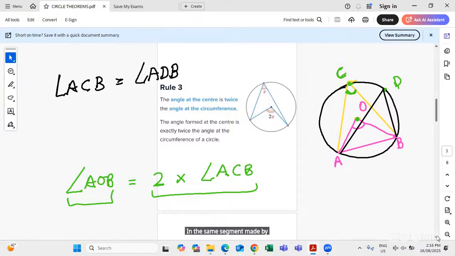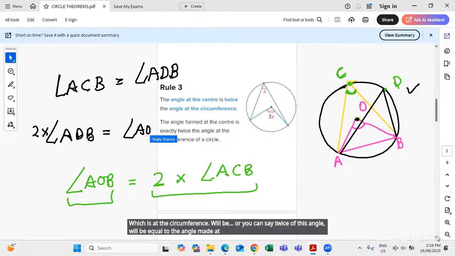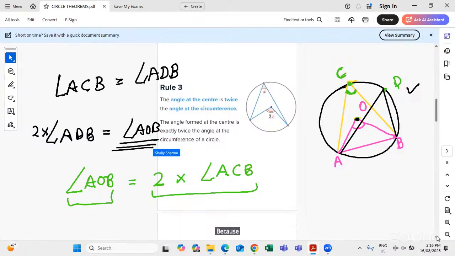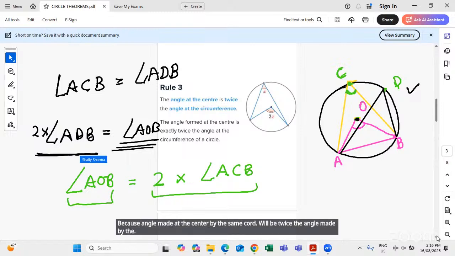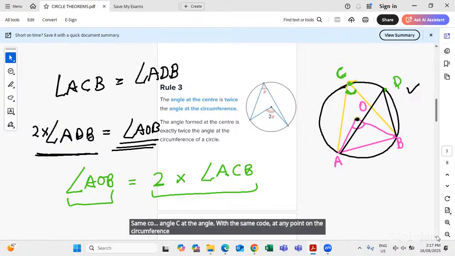by the same chord. But if you see angle D and the angle at the center, so angle ADB, which is at the circumference, twice of this angle will be equal to the angle made at the center. Because the angle made at the center by the same chord will be twice the angle made by the same chord at any point on the circumference of the circle.